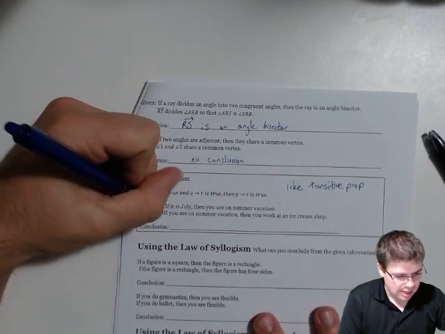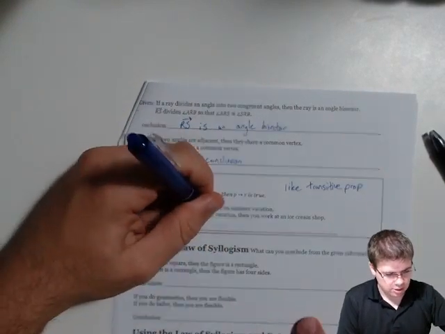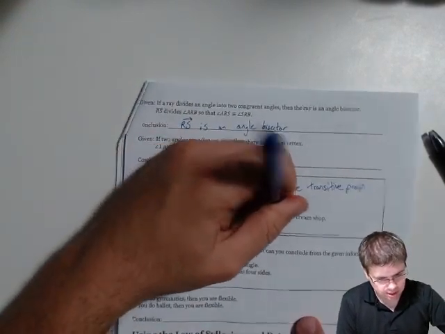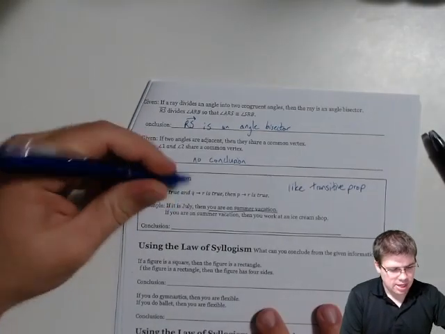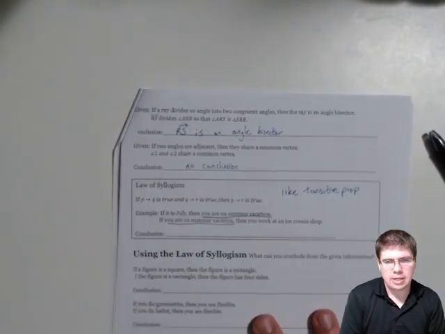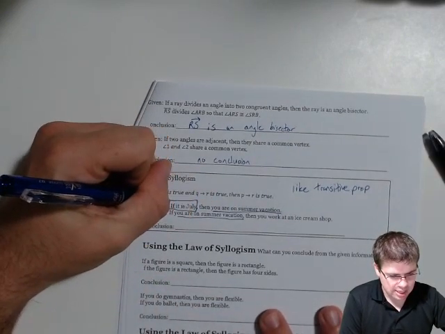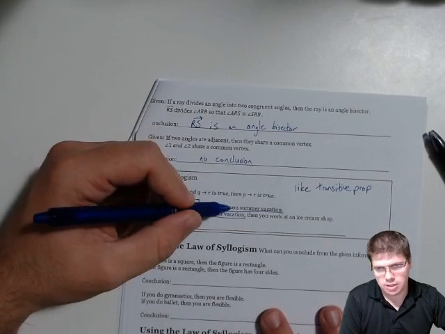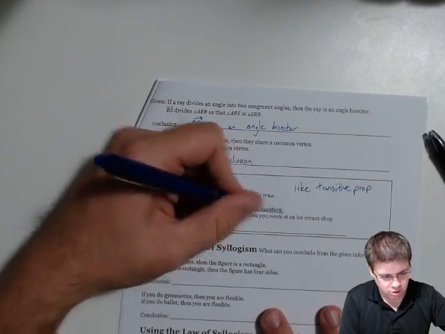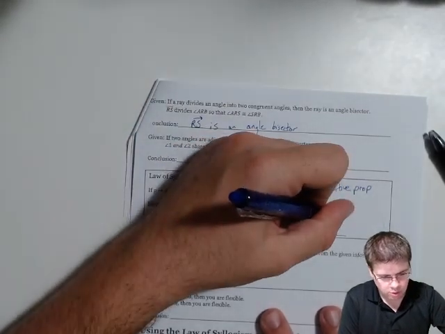So if it is July, then you are on summer vacation. And if you are on summer vacation, then you work at an ice cream shop. And so what we can do is put this all together. If it is July, then this will be true. And then if that's true, then this is true. We can go straight from if it's July, then you work in an ice cream shop.